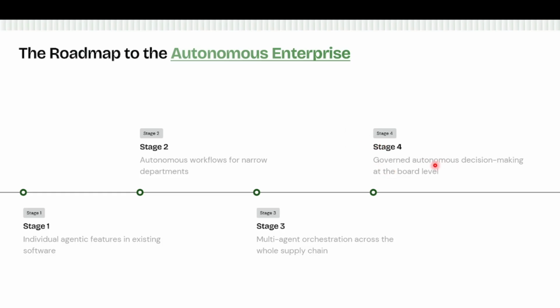Stage 4 is governed autonomous decision making at the board level. Stage 4 is taking autonomy to the board level, where you have a CEO agent. The CEO has a CEO agent, the CFO has a CFO agent, the CTO has a CTO agent, and the CSO has a CSO agent.